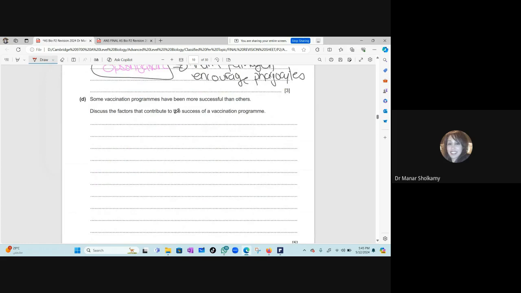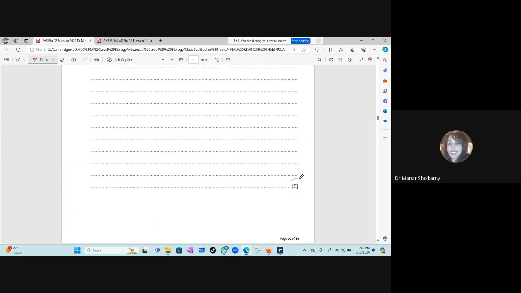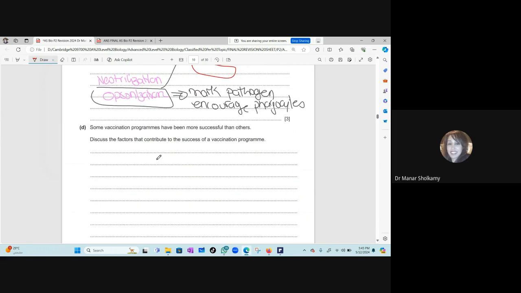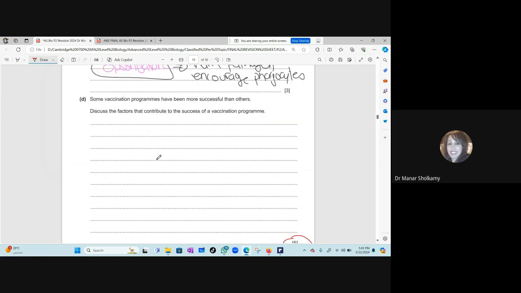Discuss the factors that contribute to the success of a vaccination program. This is a 5 mark question and actually very easy. What will make a vaccination program successful? If the bacteria is not resistant... You mean it's not resistant or it doesn't mutate? It is stable, it doesn't mutate. Yes, it does not mutate.